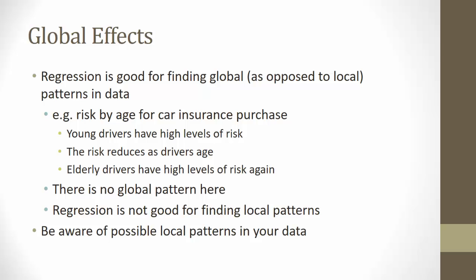Another example of global effect versus local effect is a newspaper subscription, like the newspaper print subscription. There is this global effect that as you move away from the city center, the subscription rate falls, but that does not hold true.